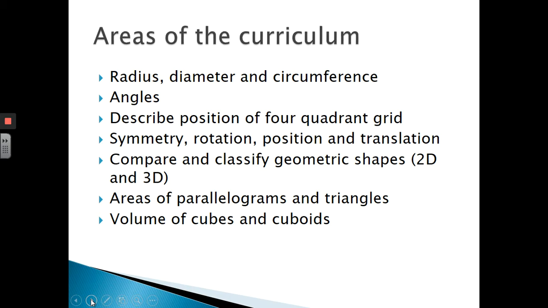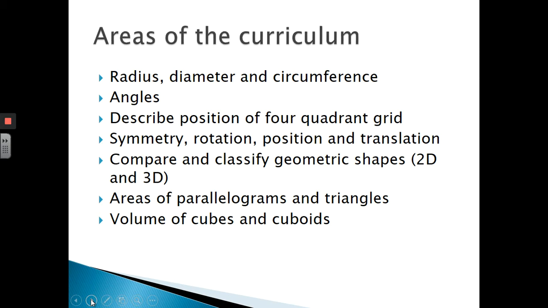So broadly, the areas of curriculum that children need to cover are radius, diameter and circumference, the parts of a circle, which they tend to learn more towards the end of Key Stage 2.